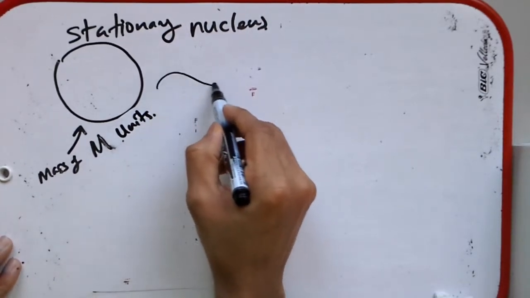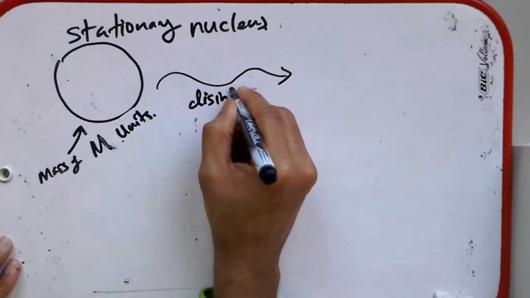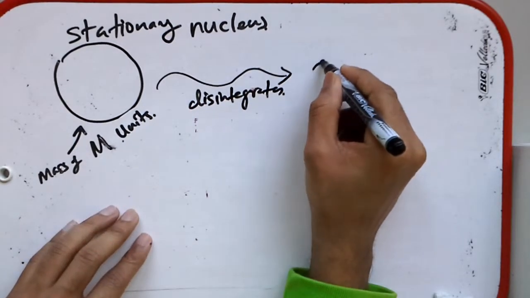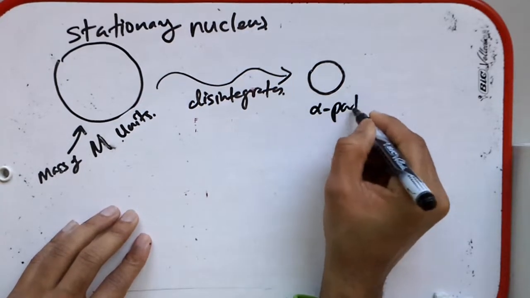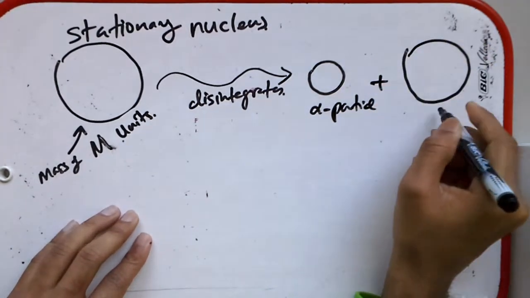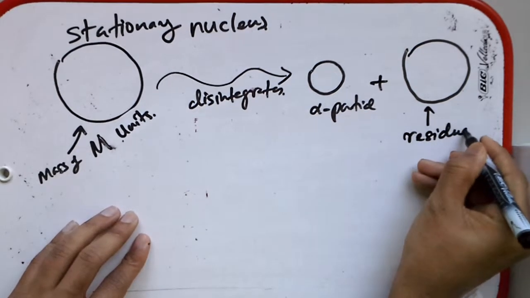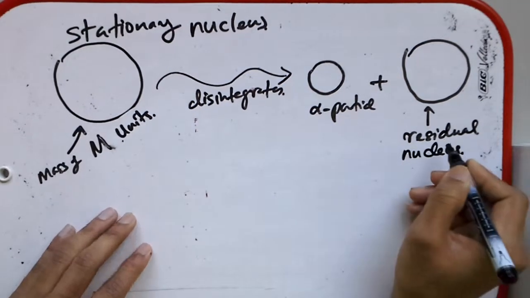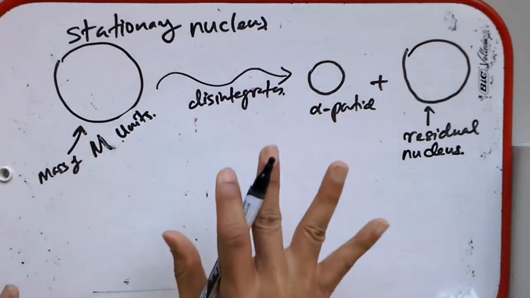So what's happening is this nucleus disintegrates and forms an alpha particle plus the residual nucleus. So this is our problem.